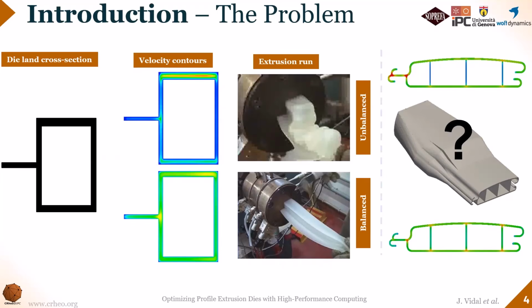This might be obvious for simple flow channels, but when we are dealing with complex geometries, this is quite difficult and requires a lot of trial and error. Typically, in industry, they don't resort to any software. They do it on an experimental trial and error basis. The main problem is that it's resource consuming, and it requires a long time for tool development.